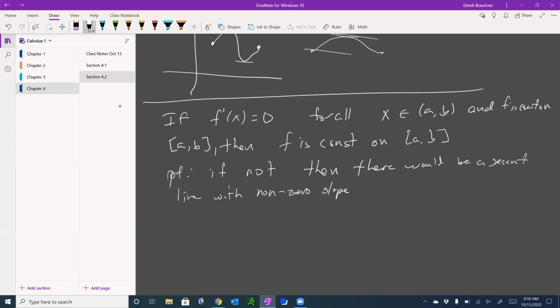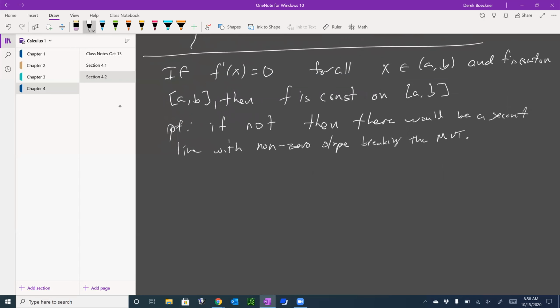And that would break Rolle's theorem, right? And that's basically the whole proof. And then this corollary is kind of nice. This one's actually really nice.